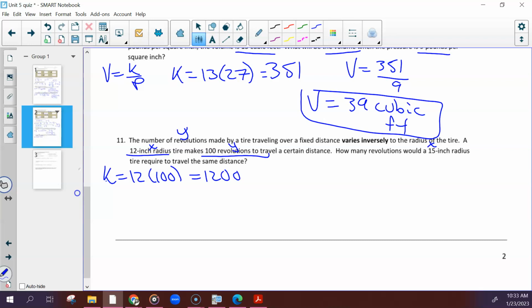Then it's asking for number of revolutions, so we're looking for y. Oh, I didn't write my original, sorry. It's asking for y when we have x, so y equals 1200 over 15.